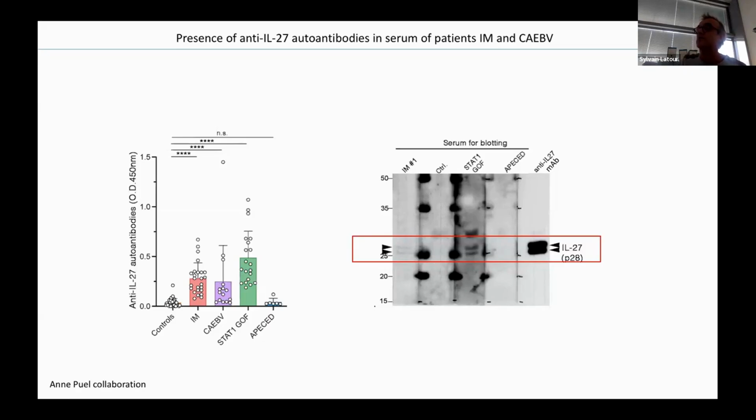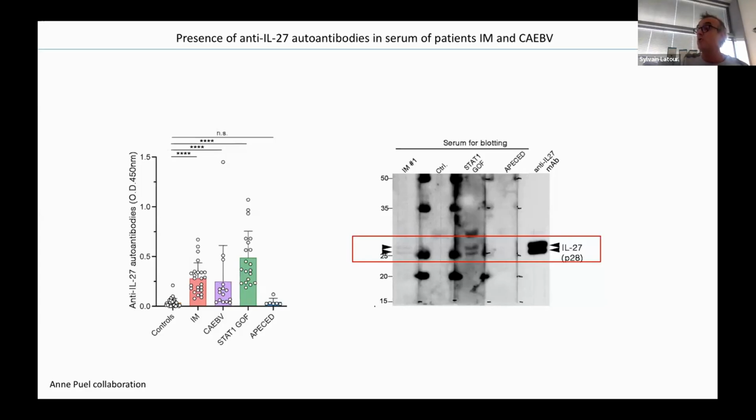And to detect these antibodies, we developed an ELISA-like assay in collaboration with a colleague at the Imagine Institute. She also provided us with serum samples of patients with APECED syndrome and STAT1 gain-of-function patients, which are known to contain high concentrations of autoantibodies raised against different cytokines.